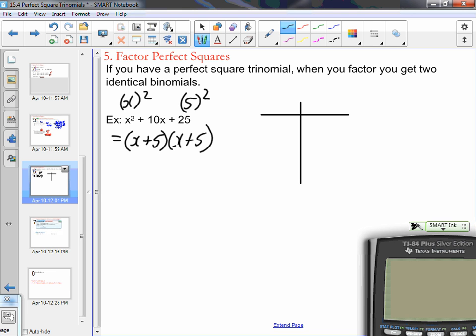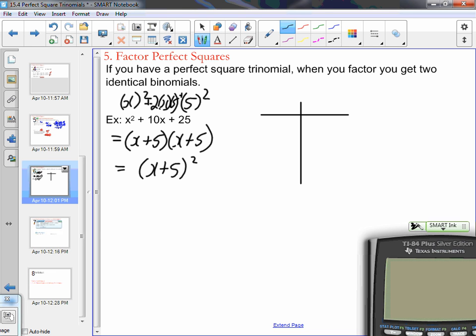So a is x, b is 5. In the middle is 2 times x times 5, so it is 2ab. So I decided all that almost instantly, didn't I? So it's x plus 5 times x plus 5, which you can write as x plus 5 quantity squared. Okay?